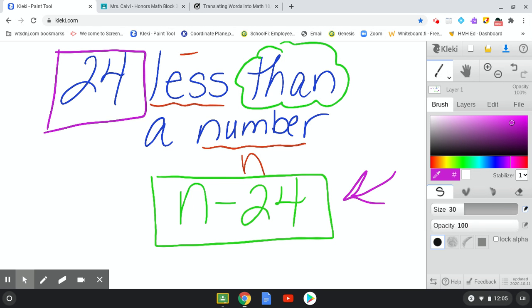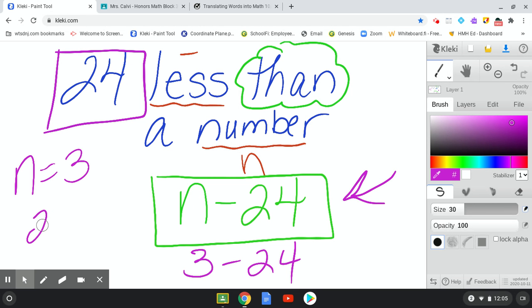If we were going to solve this and said n is equal to 3, and we plugged in 3 here, 3 minus 24 is different than if we had written 24 minus n and did 24 minus 3. These answers are going to be different, right? So the order is important. So n minus 24 is correct; if you did 24 minus n, that would be considered wrong.